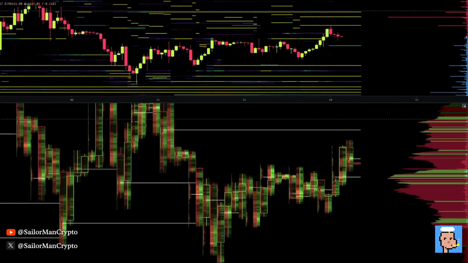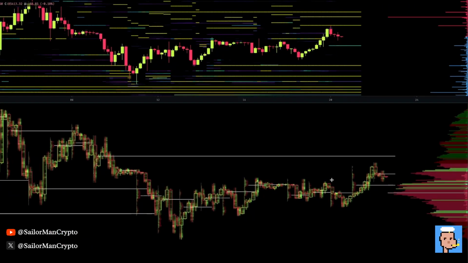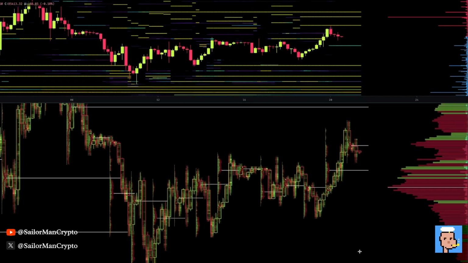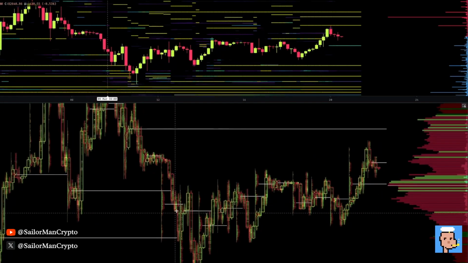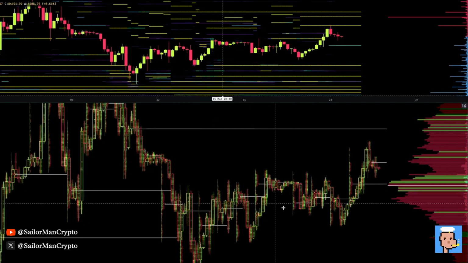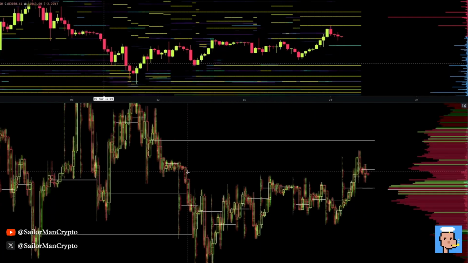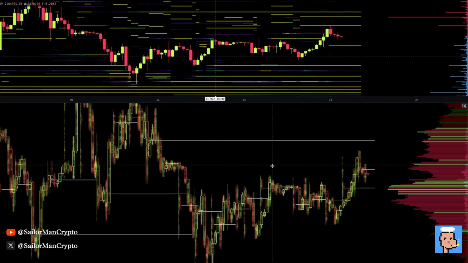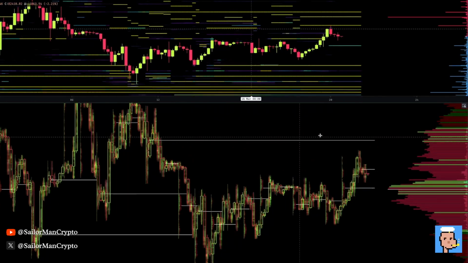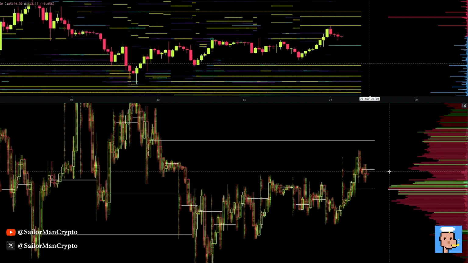This also gives you, locally, a visualization of possible strength and weakness, because once points of control start to be broken to the upside or downside and are respected, it shows you if a trend is in control, if bulls or bears are in control. So now I can see that a possible level of resistance is here.